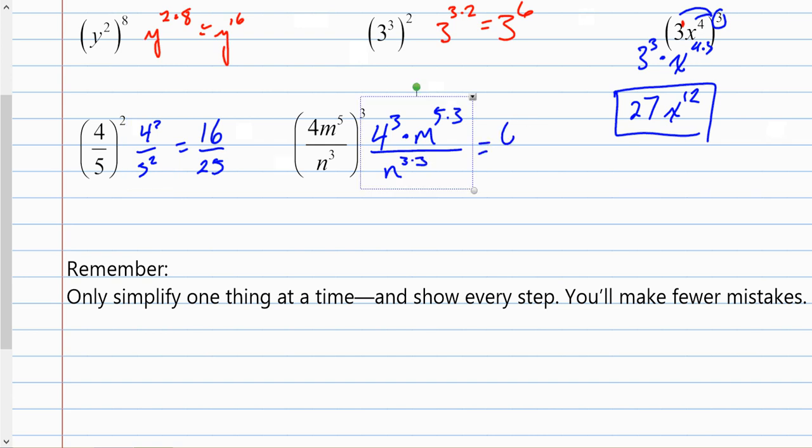So I get a 64 m to the 15th over n to the 9th. So that's the product rule that we're using.